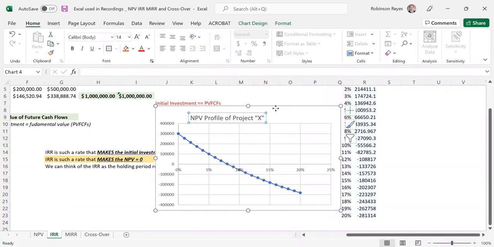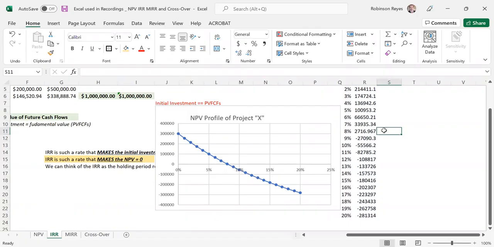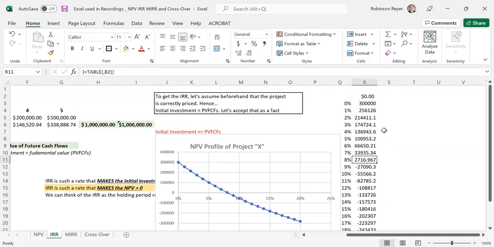So if we look at it here, as we increase the rates, this number is getting smaller and smaller until at some point, when we get to 9%, it is already negative.